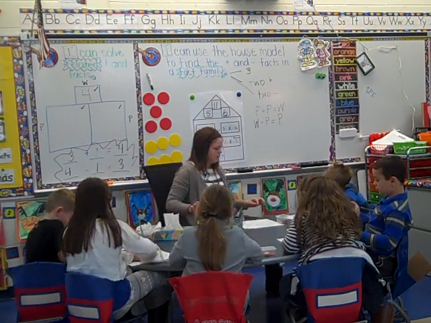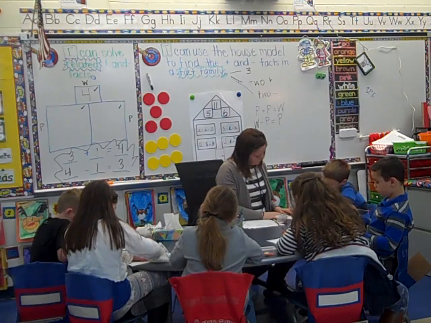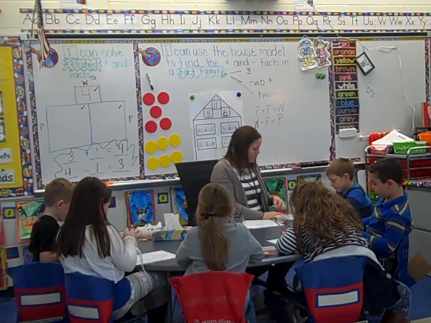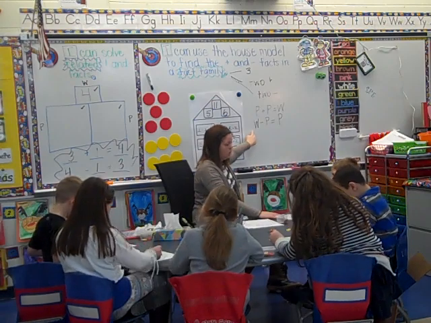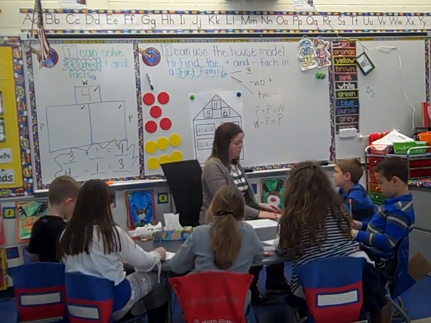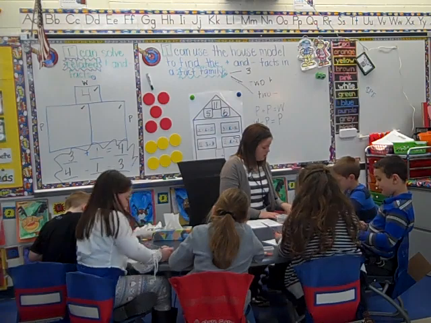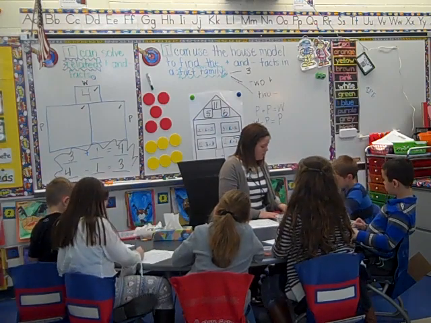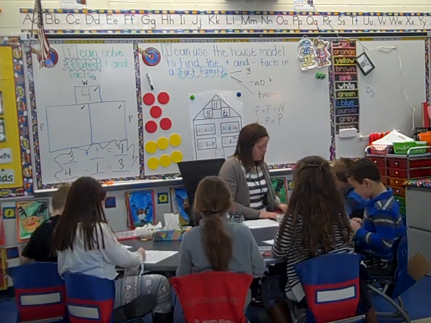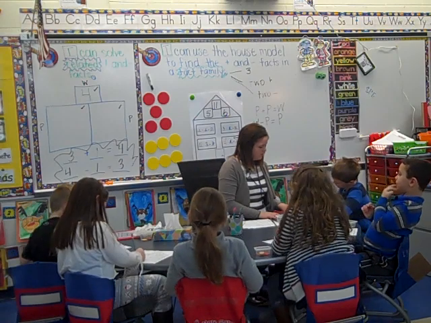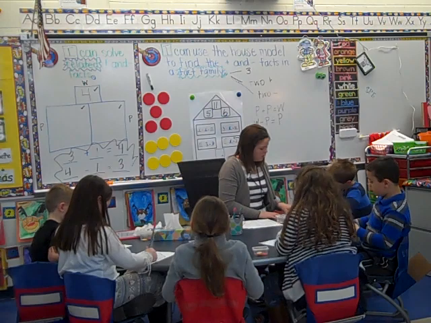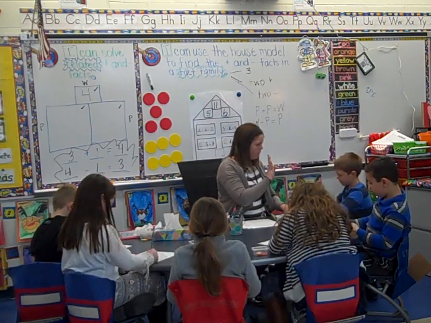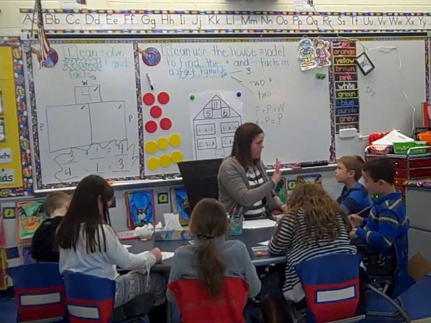Alright, let's take a look at this one now. Alright, so you're choosing to do subtraction. When we do subtraction, what do we put first? The biggest number or the whole. So, let's look. 4 minus equals. Okay, where's that biggest number there? If we have 4, we take away 3.